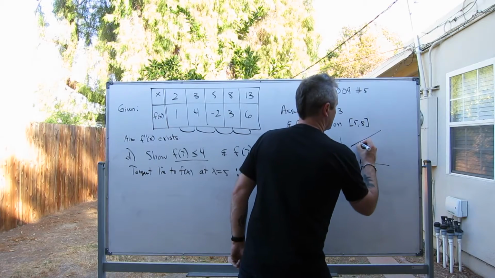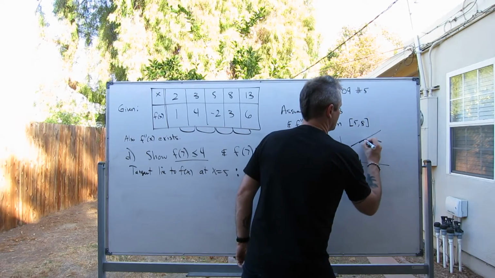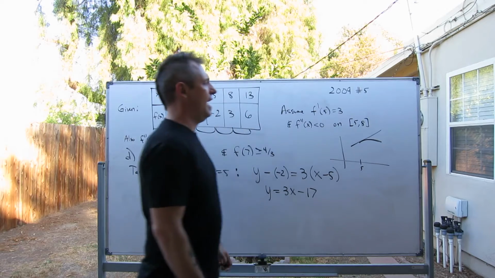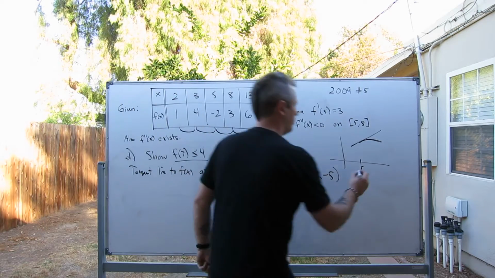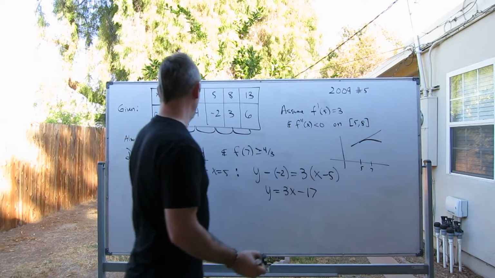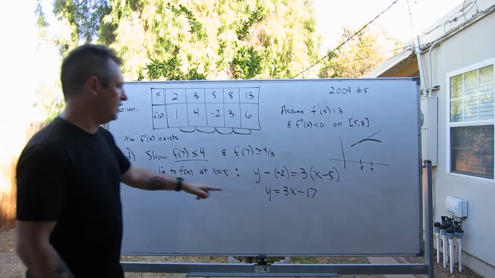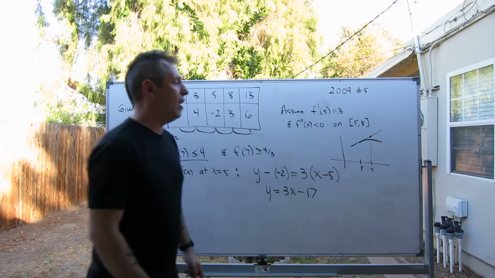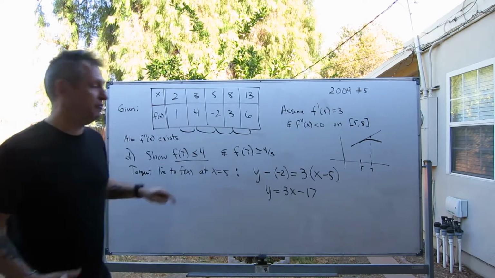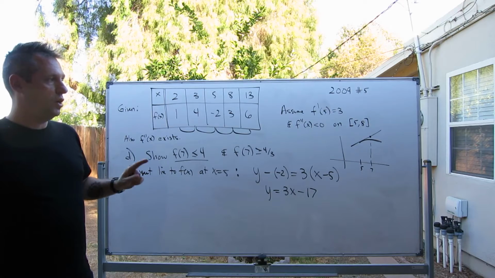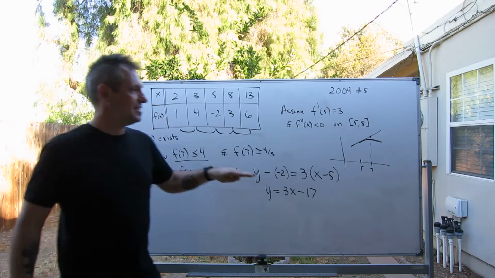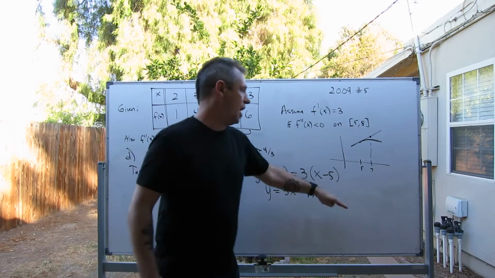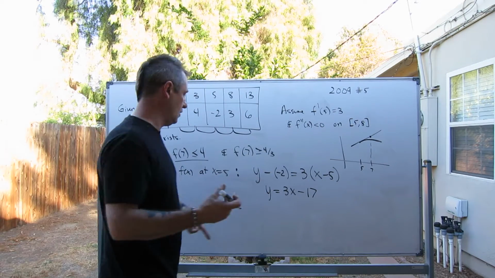So what that means is that it must go kind of like this. Which means that if I plug 7 into the tangent line instead, I'm going to get a value that is above f of 7. So f of 7 is less than the value I get when I plug 7 into the tangent line.